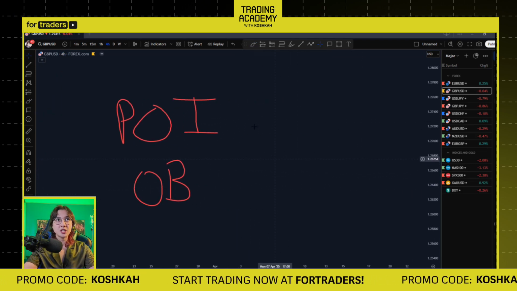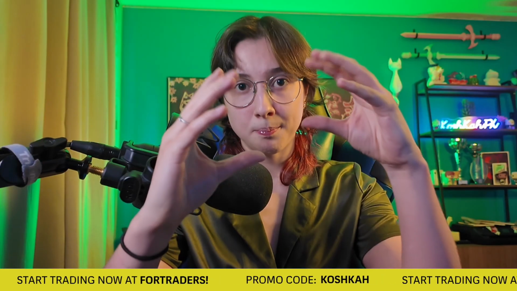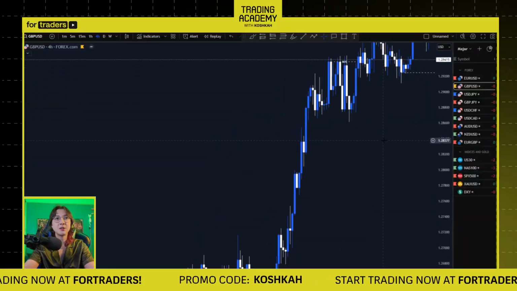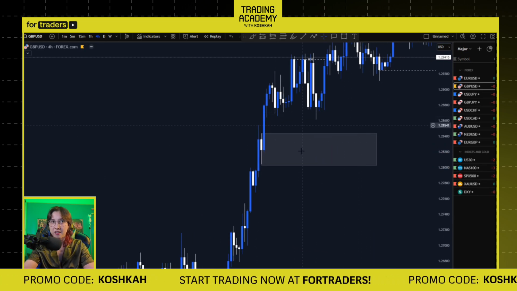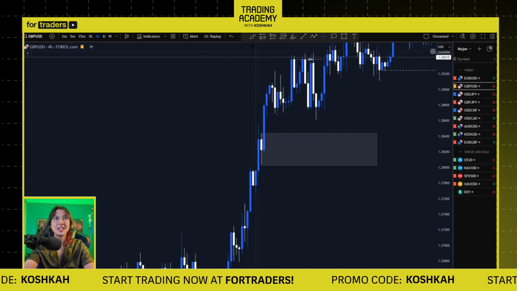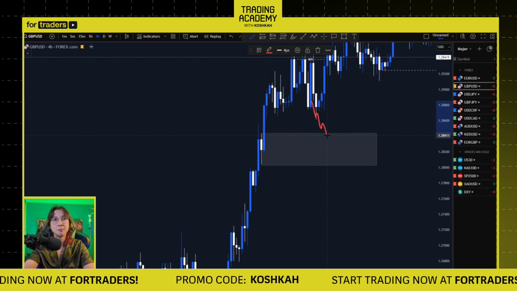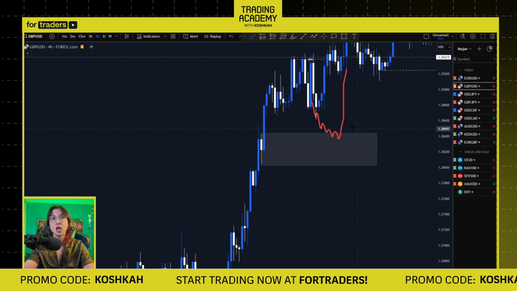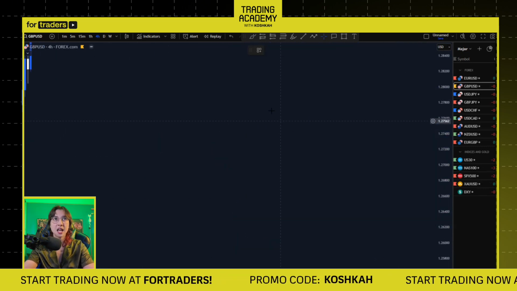Those things are called that way because they're points in the chart that are containing a lot of orders. So what does it mean? So for example, right here, this is a valid POI. We will see how to identify a valid POI later on. But basically what it means is that at this specific zone where price will come back into it, there's gonna be a strong chance that this zone reacts.